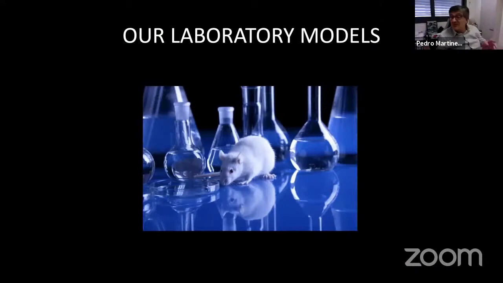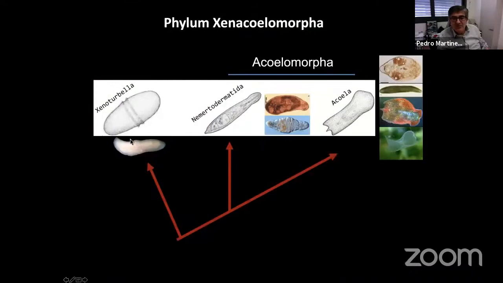In our laboratory, we work with different models within this Xenacoelomorph group, and the models we are using are very few, because of difficulties of getting enough animals. So we mainly try to use one member of the Xenoturbellids, Xenoturbella bocki.